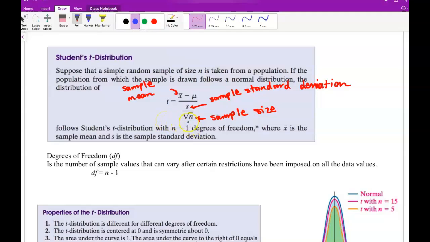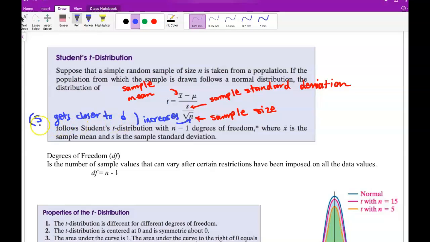When this n increases, the sample standard deviation S gets closer to the population standard deviation.